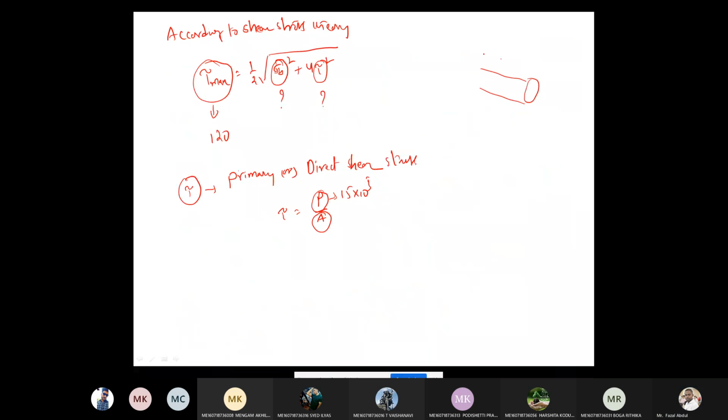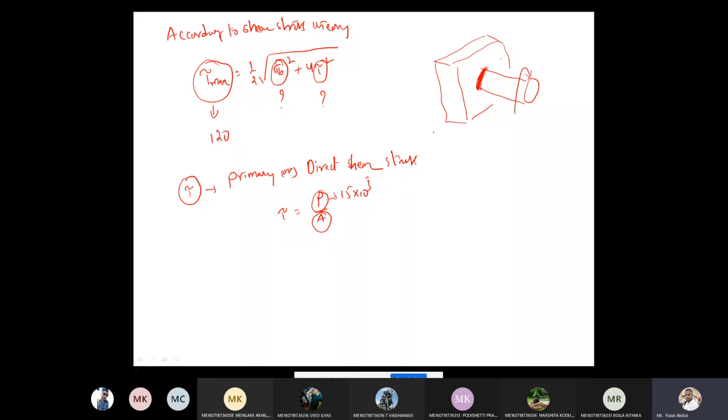This is the rod and this is the vertical plate. So to this we are doing the welding in this manner. When it is subjected to torsion shear, what is the equation that we already derived in the beginning of the welding topic?